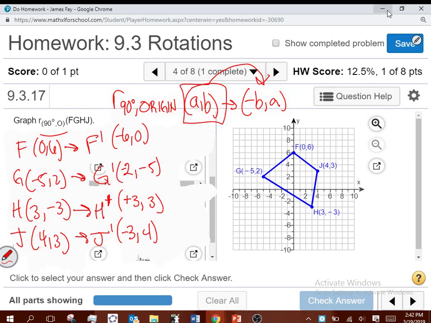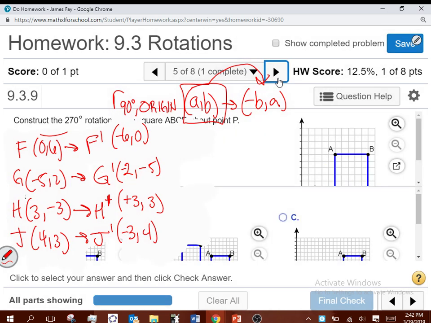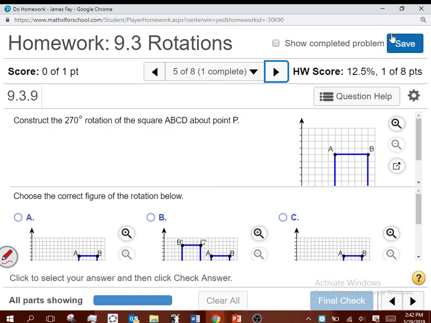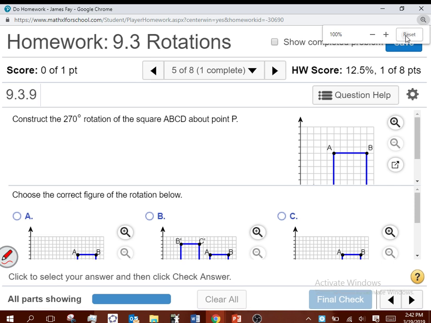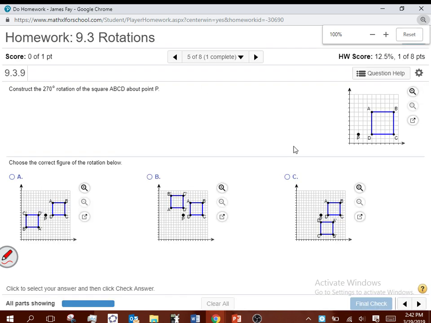So the next couple questions, 5 is a rotation around a point that is not the origin, which some of you might have been able to address visually. 270 degrees. If I look at this picture here, 90 degrees is probably going to be like right here, correct? Basically, I'm going to try to go from D to P, and then I go 90 degrees.